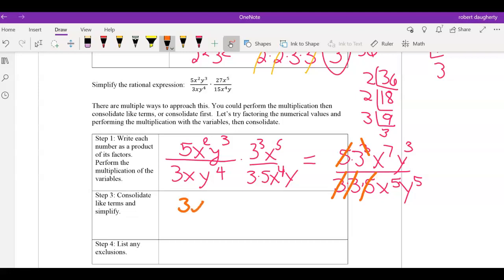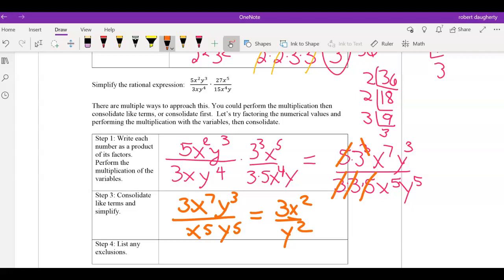X to the 7th, y cubed over x to the 5th, y to the 5th, and this becomes 3x squared over y squared. So some of this is what we did in earlier activities when we were dealing with exponents.